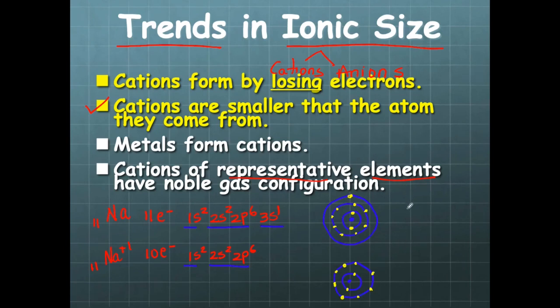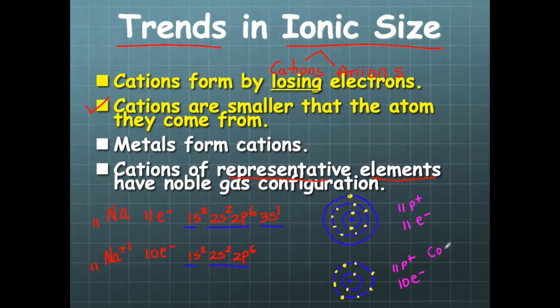So in this case, for the sodium atom, we have 11 protons and we have 11 electrons. So these 11 protons are holding on to these 11 electrons. In this case, we have 11 protons which are holding on to only 10 electrons.